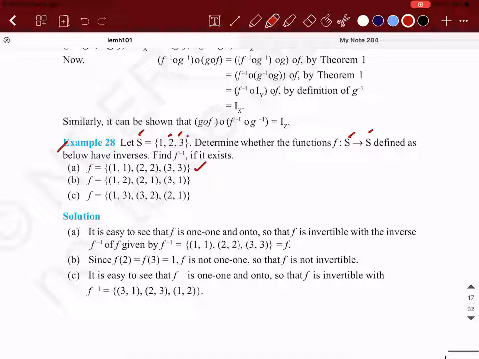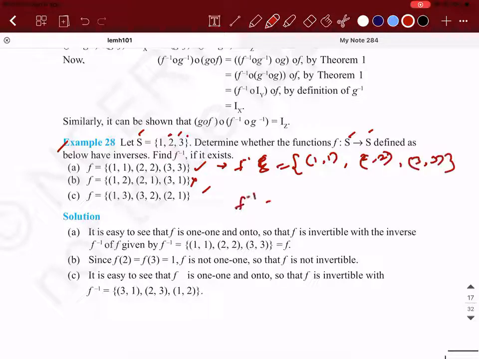Next, {(1,2), (2,2), (3,1)} is many to one. Then {(1,3), (3,2), (2,1)} is bijective, and you need to find its inverse. What is f inverse in this case? {(1,1), (2,2), (3,3)}. In the case of the last one, f inverse is equal to {(3,1), (2,3), (1,2)}. That's it.